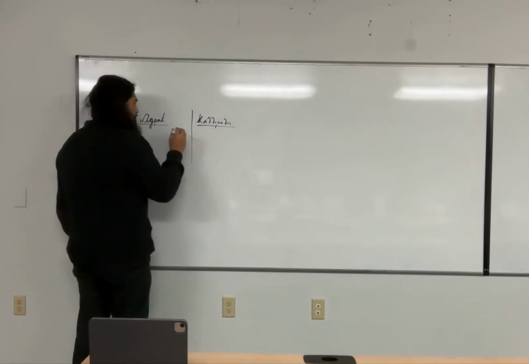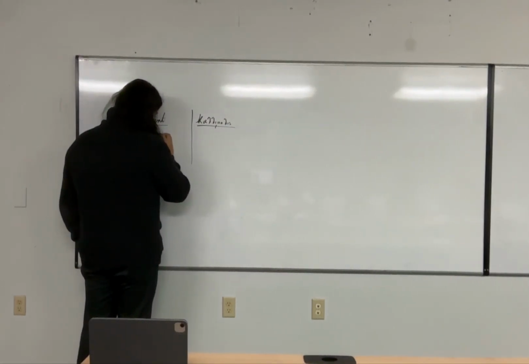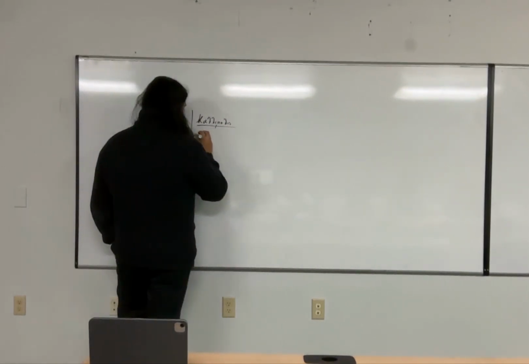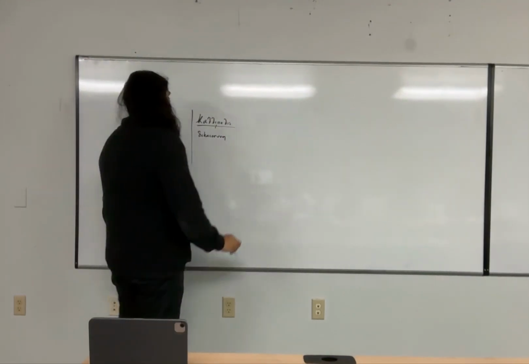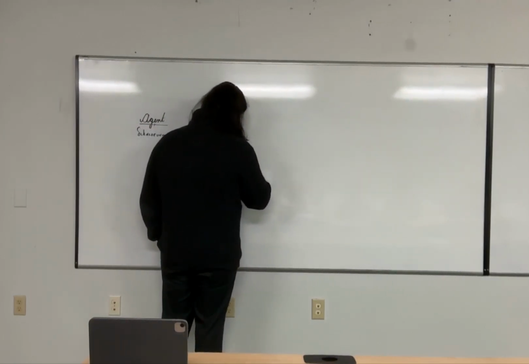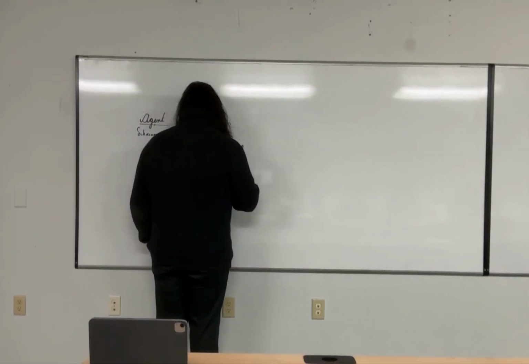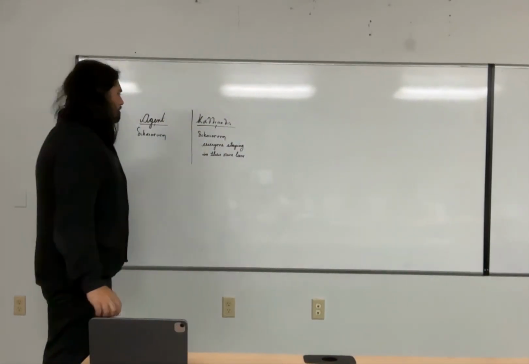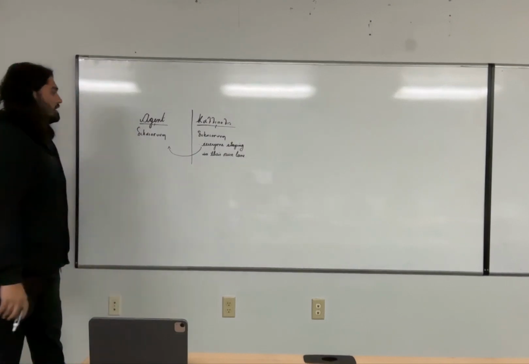We said that dikaiosune within the Callipolis is everyone staying in their own lane. Now, how then does that model over to dikaiosune within the individual?